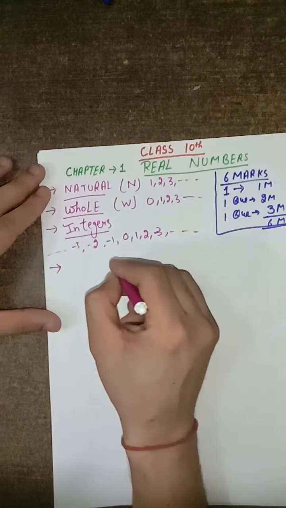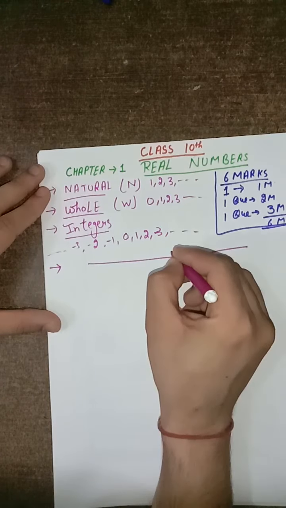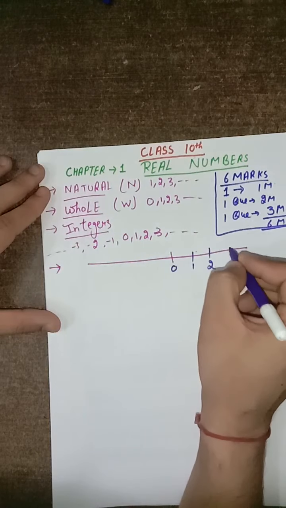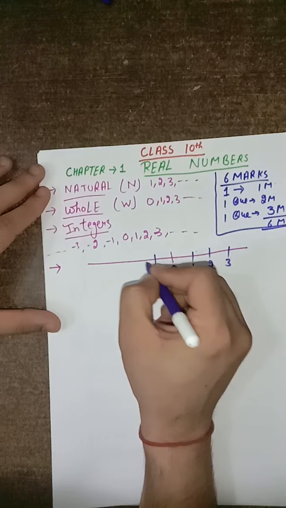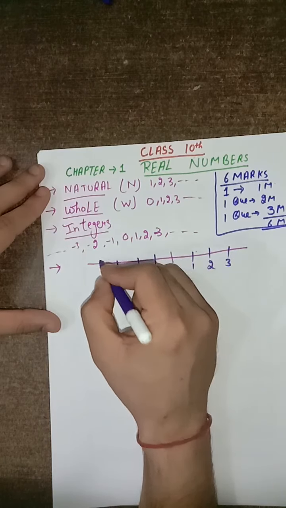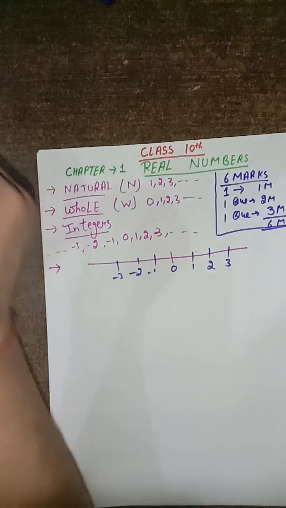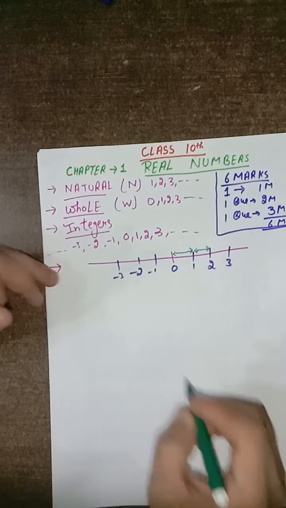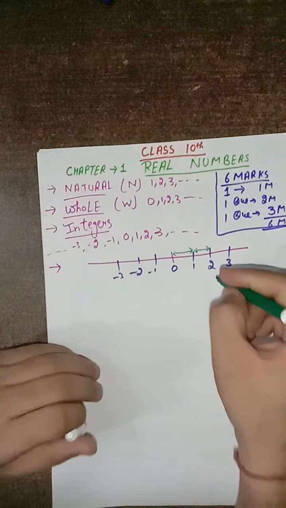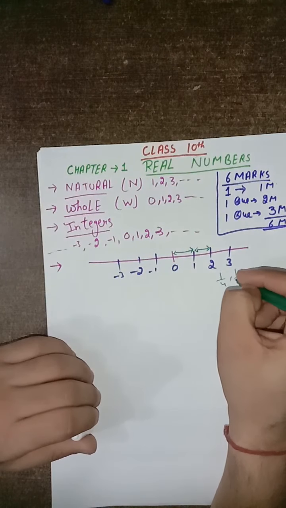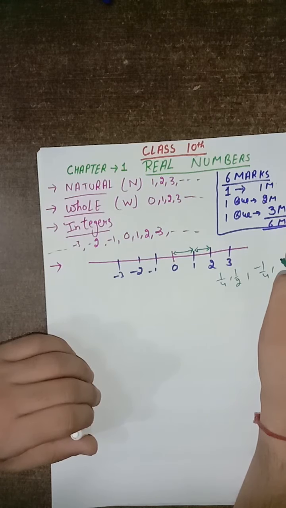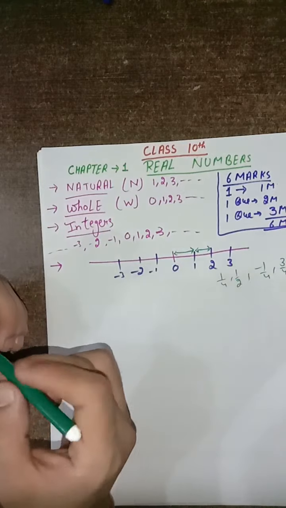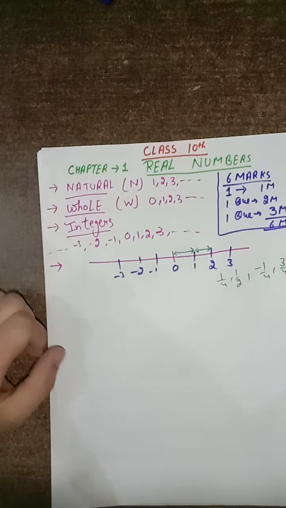When we represent these integers on the number line, that is 0, 1, 2, 3, -1, -2, -3, and the space available between 0 and 1 and 2, here we place the fraction numbers, that is 1/4, 1/2, -1/4, 3/4, 3/2, all are placed between these spaces, and these are known as rational numbers.